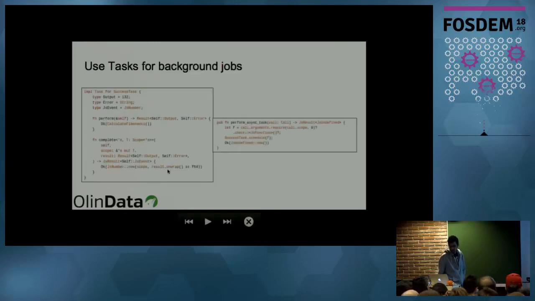Oh. There is also tasks. It is for background jobs. So for example, you have some synchronous code that you want to run. You can use tasks. And then it will use the V8 API to create a thread in the background. And you can do some heavy computation without blocking the Node.js main thread.